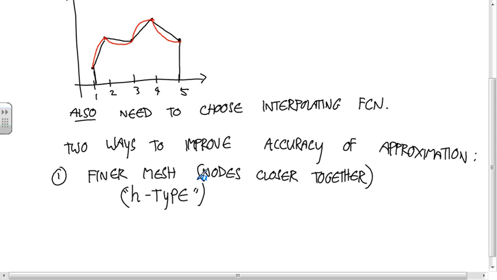The other way you can improve the accuracy is keep the nodes in the same place, but increase the polynomial interpolating function.